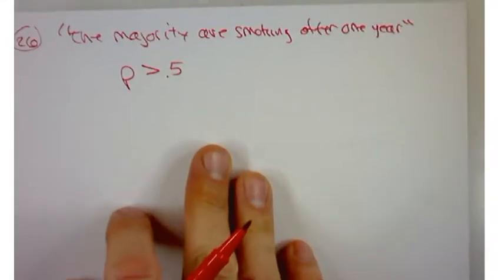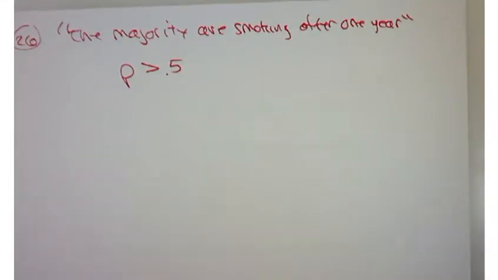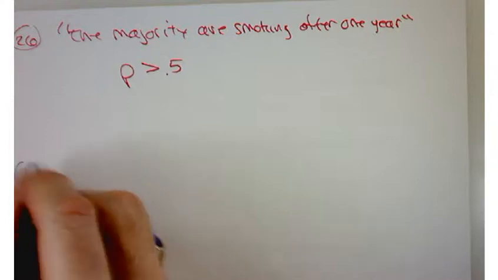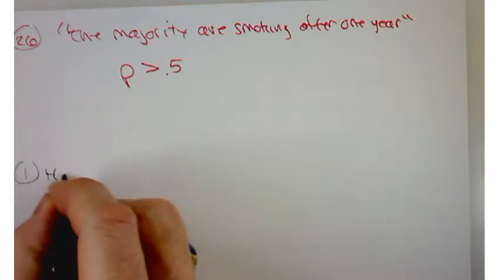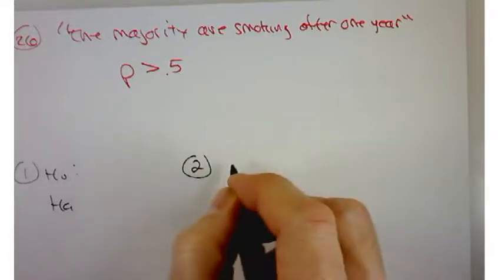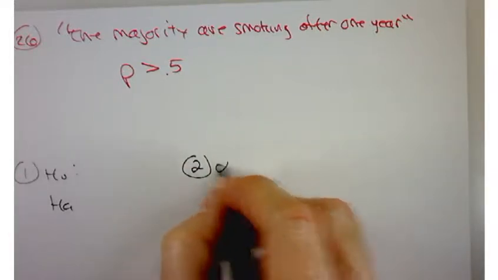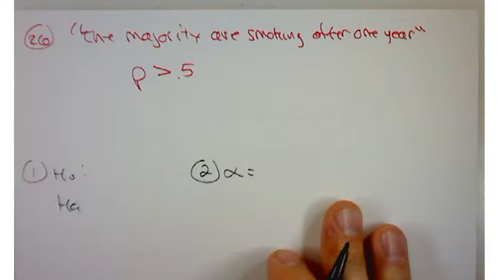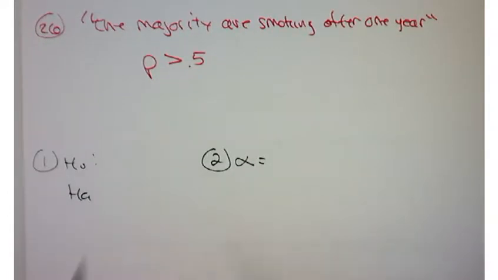Give yourself some room here because there's some other stuff I'm going to write down. Let's do H0 and HA, and we'll also write down alpha. Let's go through H0 and HA.